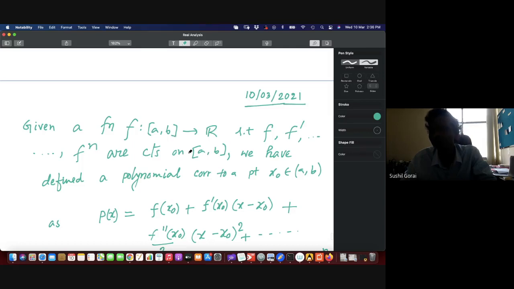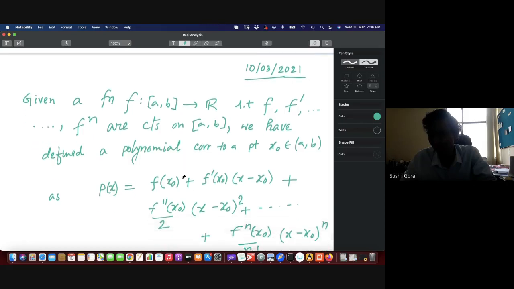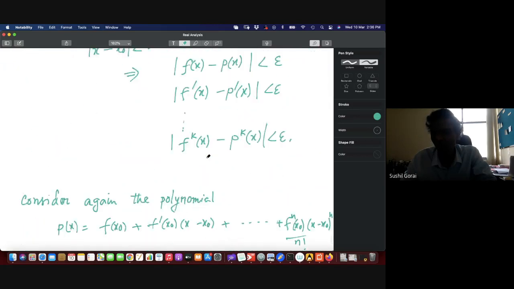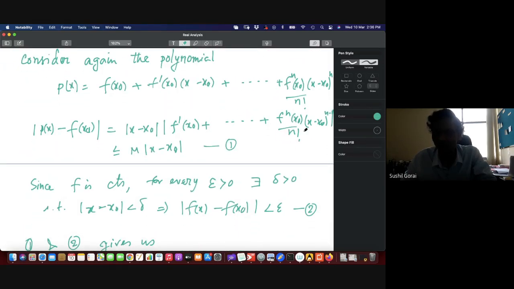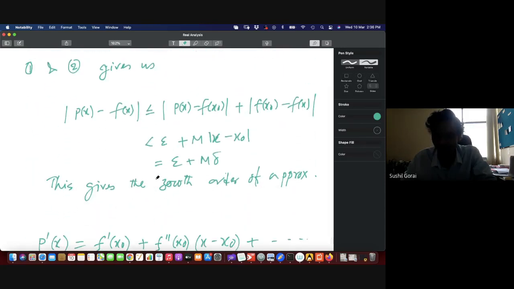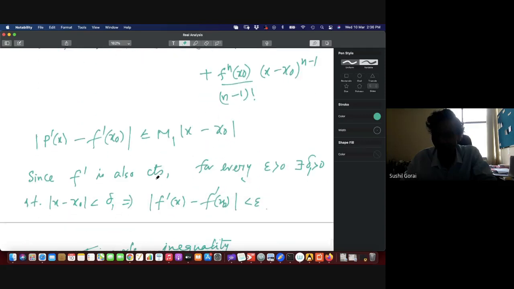We can choose the maximum on this interval AB. That M could be the maximum of this function, whatever remains here. And this is a polynomial, hence continuous. So on a compact set, it is bounded, right? Is this clear?